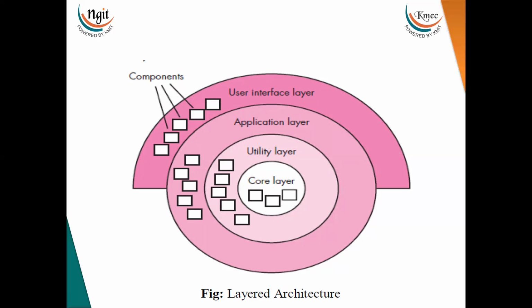So intermediate layers provide utility services and application software functions. And once requirement engineering uncovers the characteristics and constraints of the system to be built, the architectural style or combination of styles that best fits can be chosen. Clear? So this is how the layered architecture works. Okay.